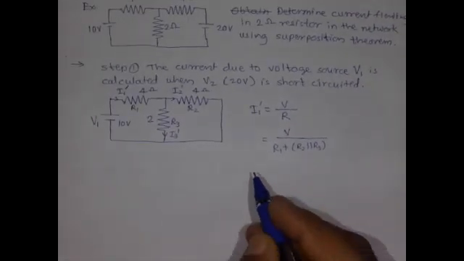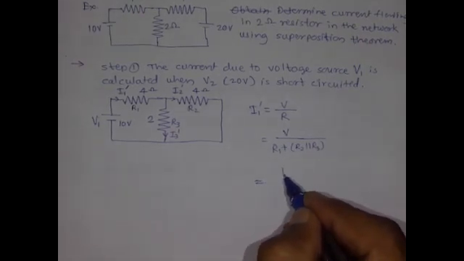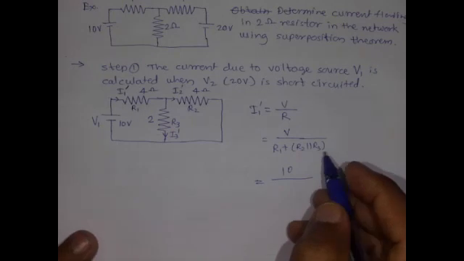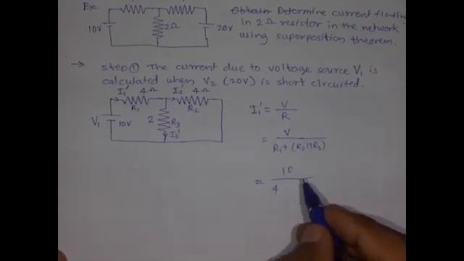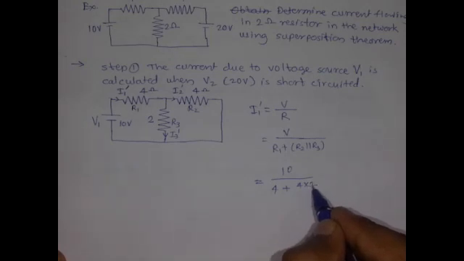Now, putting in the values, we have to find this current: 10 volt divided by the value of R1, which is 4 ohm, plus R2 and R3 in parallel, 4 into 2 divided by 4 plus 2.